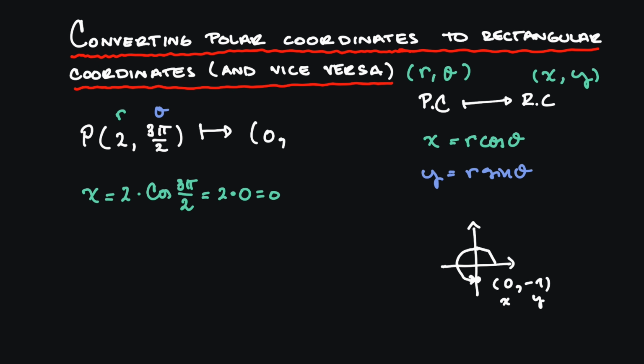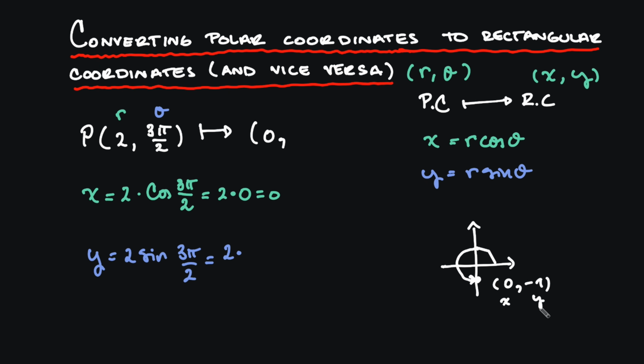This will be equal to 2 times whatever value we get from sine of 3 pi over 2. 3 pi over 2 is the same angle that we analyzed before, and we know that sine is the value for y, and y is negative 1. So it will be 2 times negative 1, which is negative 2. So the value for the y coordinate here will be negative 2.